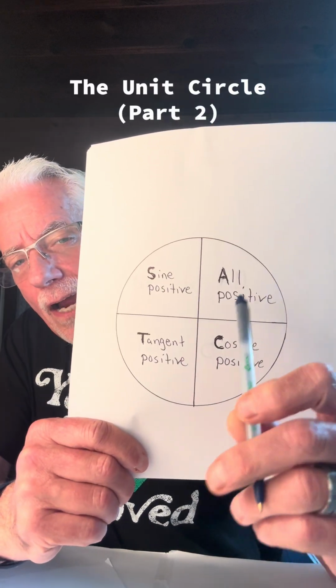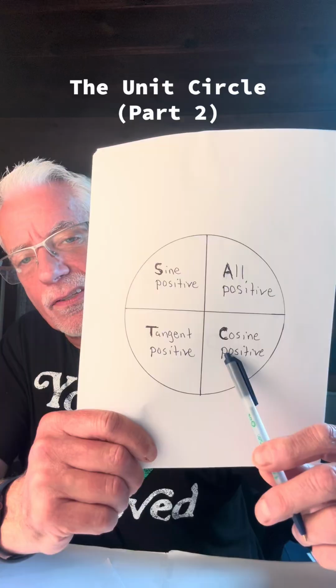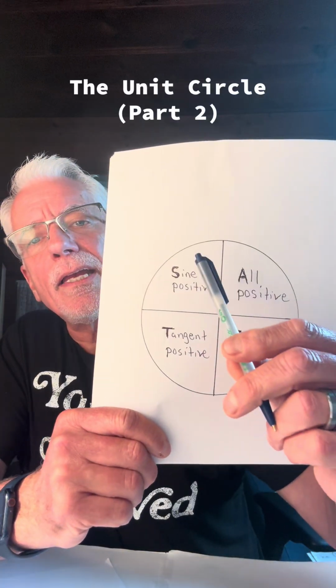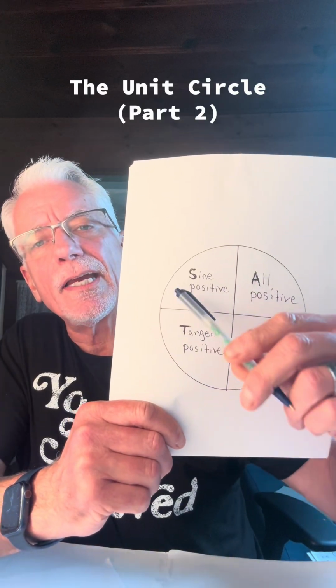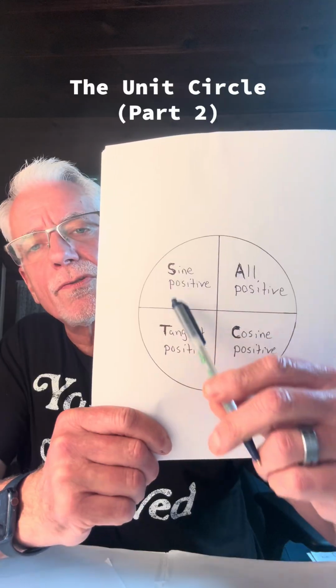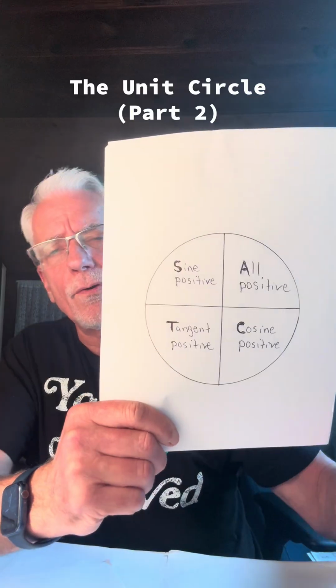So the phrase I remember is, all students take calculus, or ACTS, A-C-T-S, but I like this way. All students take calculus. Goes with quadrants 1, 2, 3, 4.